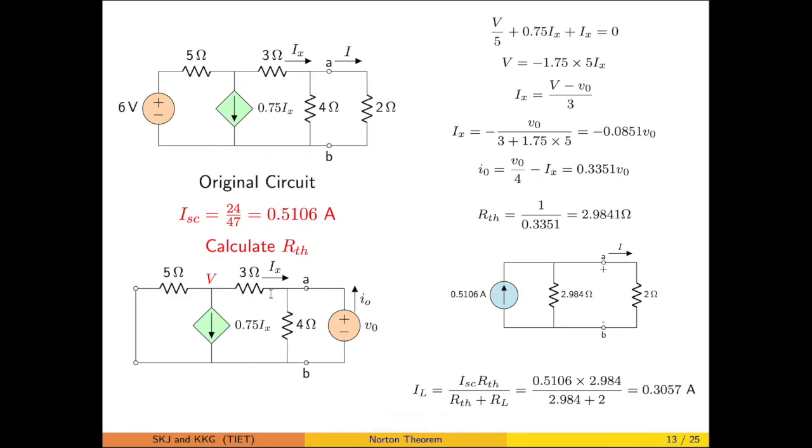Now to calculate the RTH, we have to make this original circuit ineffective. So the voltage source is short circuited. Now this is a dependent source. Its value is depending on this particular branch current. So there will be a current only when some active source is there. So we connected the external voltage source V0.